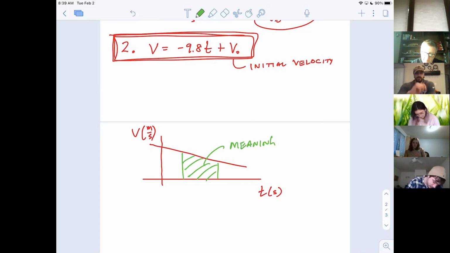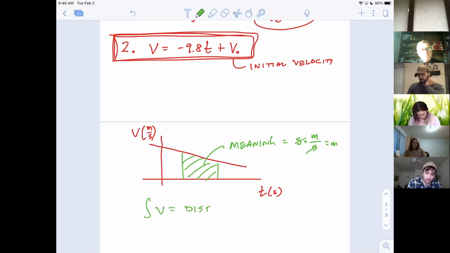You can say, well, aren't I taking the dx, which is time, multiplied by the y value, which in this case is meters per second? Don't those cancel? And so we get meters. Ooh, that's distance. The integral of velocity is distance. Isn't that kind of cool too?